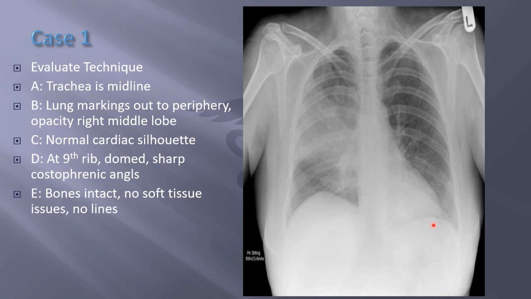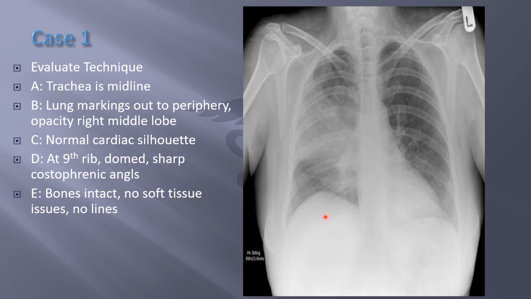Another thing we want to look for is any free air underneath the diaphragm, where it would actually highlight the diaphragm underneath. That could be indicative of a perforated viscus or perforated bowel, where the air is leaking out and then tracking up and collecting underneath the diaphragm. And that would be a surgical emergency as well.